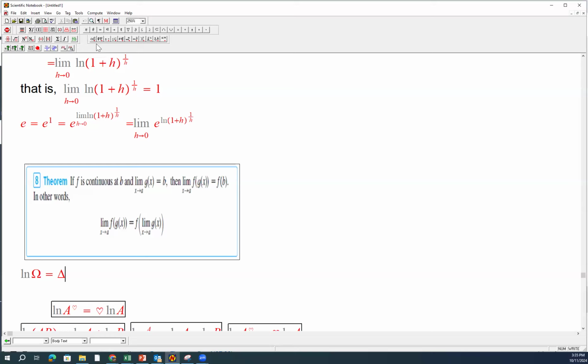By definition, it implies, left implies right, and the right side is e raised to the power of triangle equals omega. So that's the relationship. That's the definition of logarithm.